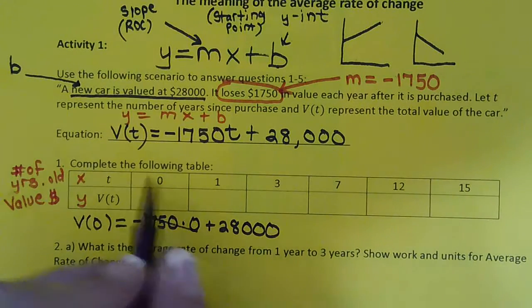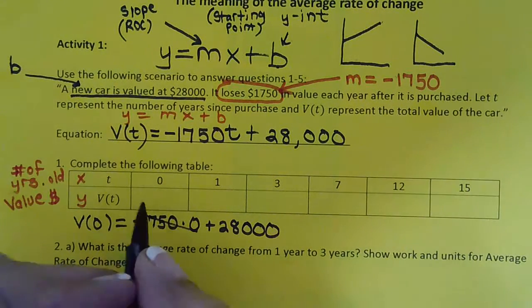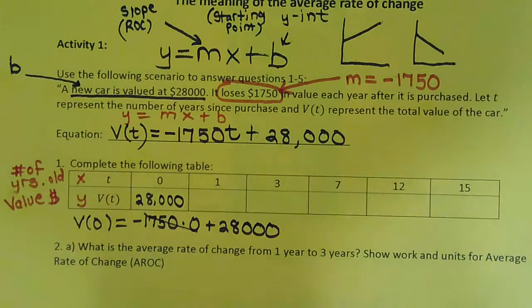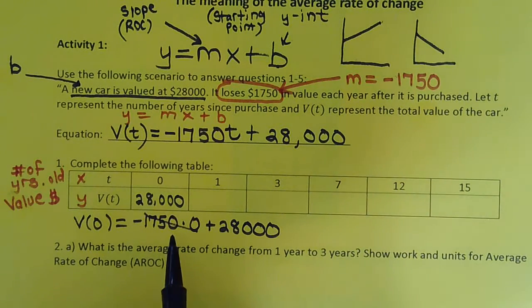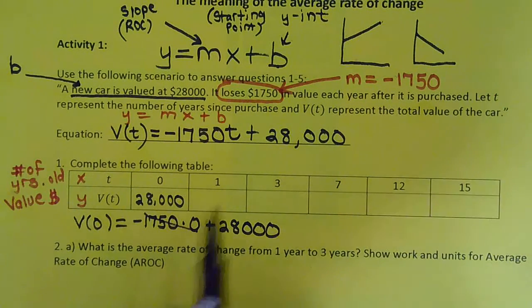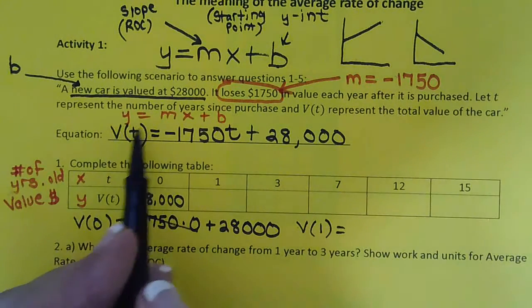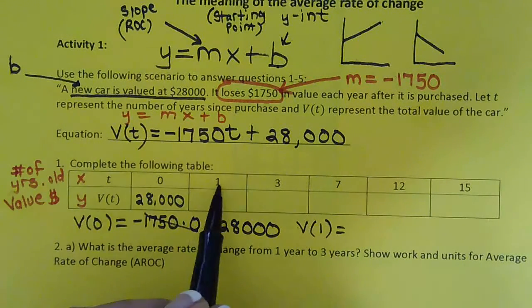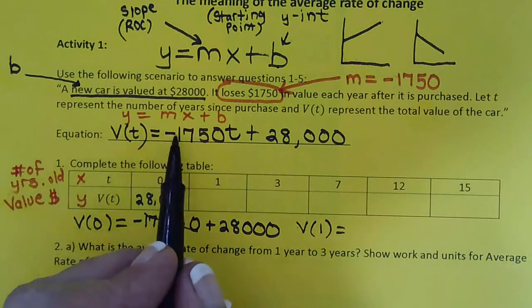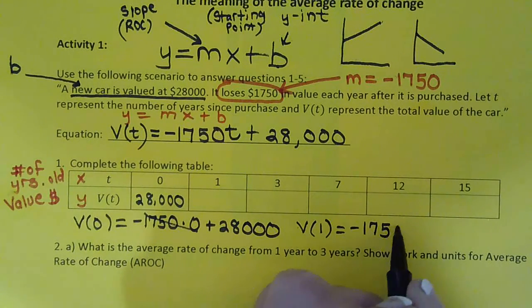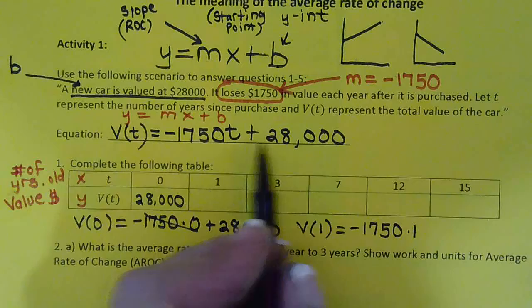So you can see at 0 years old, the car's value is 28,000. On the paper pencil test, this was one of the problems we had on it. So I hope I can find one in Alex like this too when we have our test. Okay, so next is V of 1. V of 1 is, so everywhere you see T, replace it with 1. So V of 1 equals negative 1750 times 1 plus 28,000.